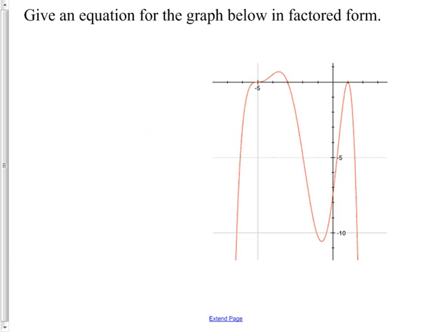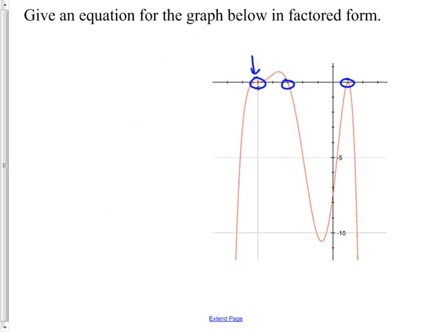Let's just do a couple more of the simple kind. This has 1, 2, 3 spots where it touches. One's a bounce, worth 2. One's a cut through, worth 1. And this one right here is a tricky kind. That's a triple. How can you tell it's a triple and not just a cut through? Here's what you look for.